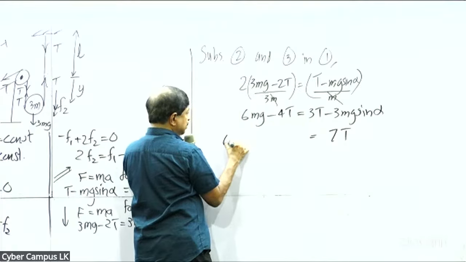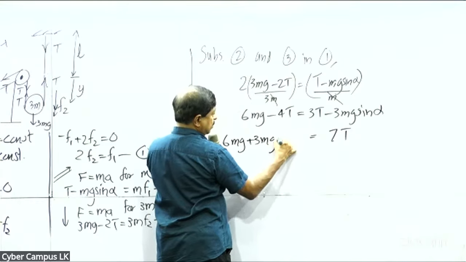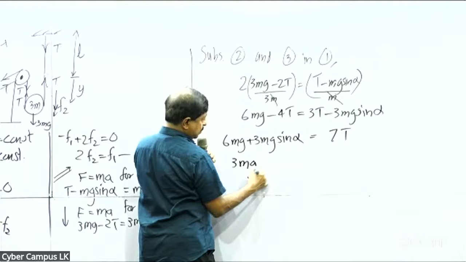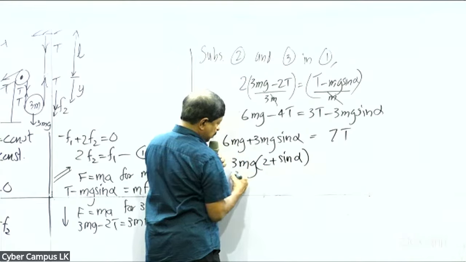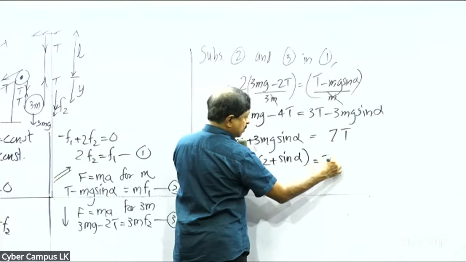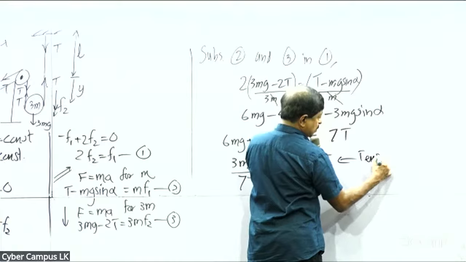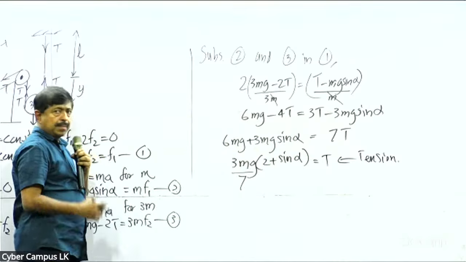This is 6mg plus 3mg sine alpha. Now divide this by 7. So that's the tension.